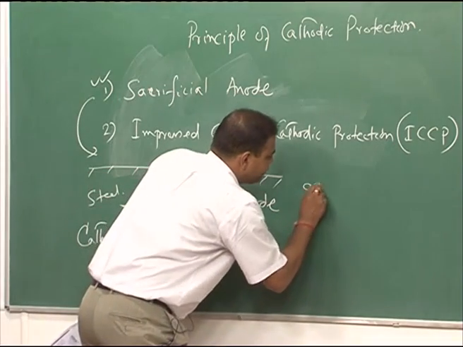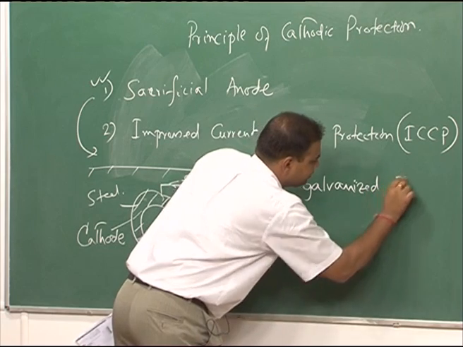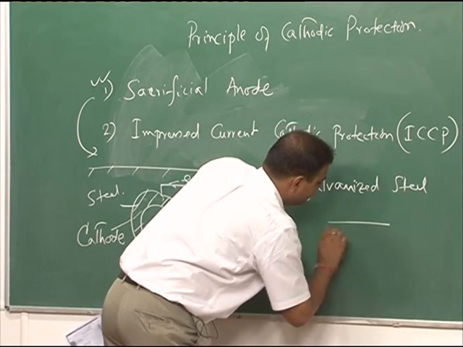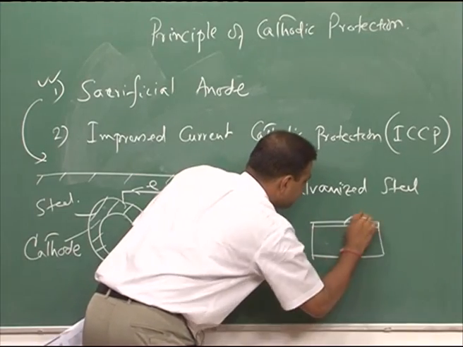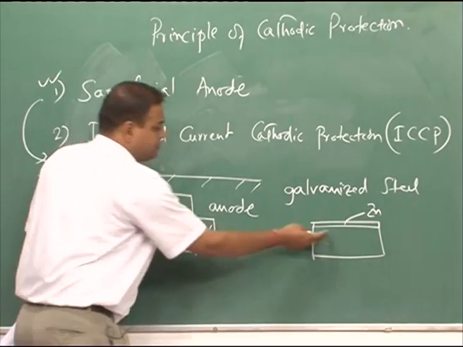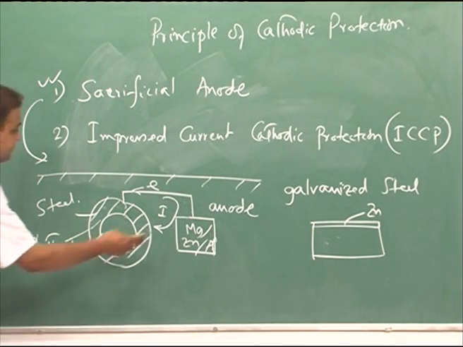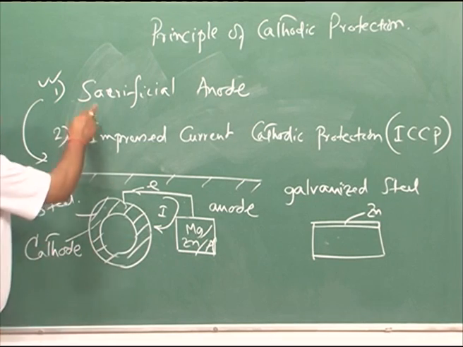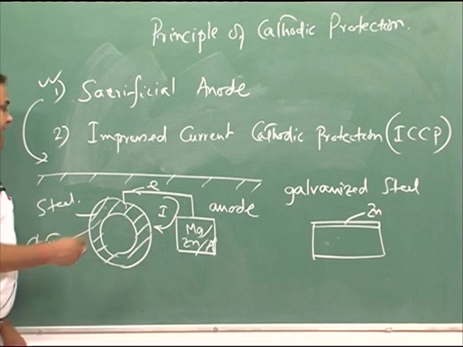We use galvanized steel. There we have a steel plate with zinc coating on top, zinc acts as anode and the steel surface acts as cathode. This protection is called sacrificial anode, because the anode material is getting sacrificed and giving protection.